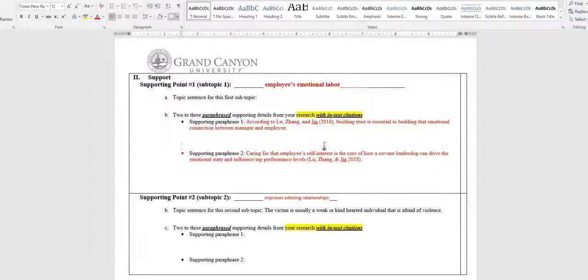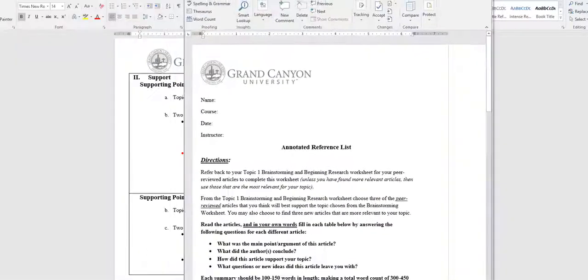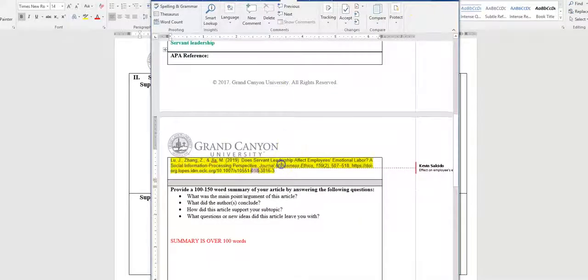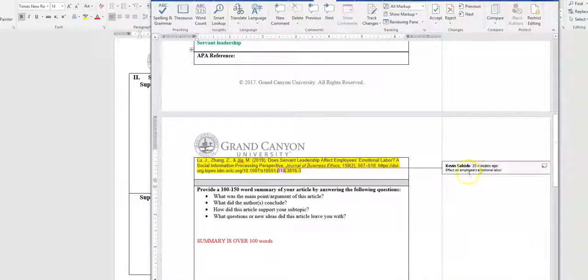So first off, I got to go to my first article that talks about emotional behavior. Okay, let me go ahead and pull up that article real quick. But if you go back to your annotated reference list, remember this one was here, right? Affects emotional behavior, emotional labor. Okay, so I'm going to go to this article.